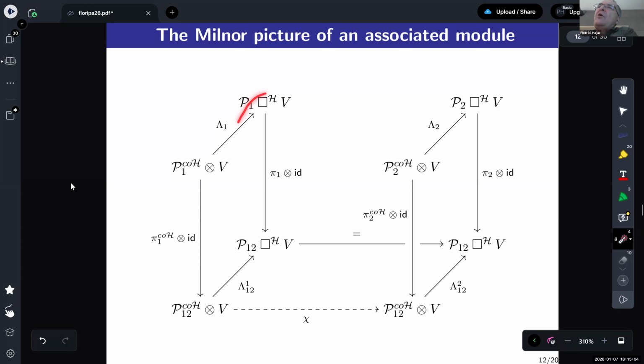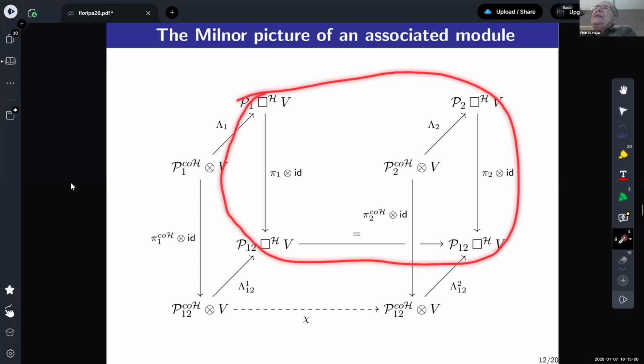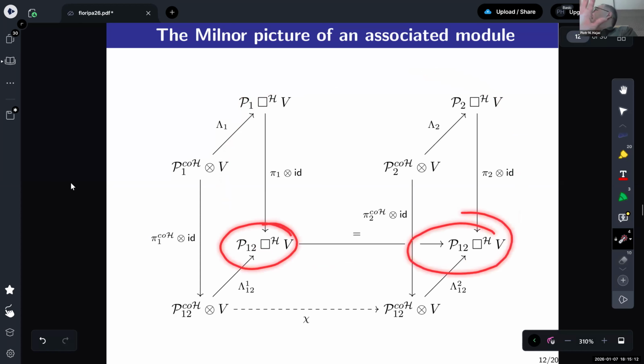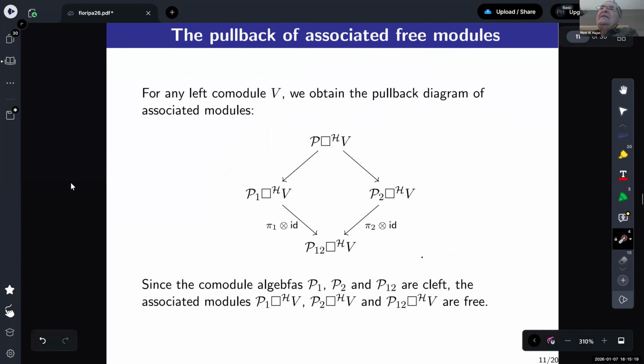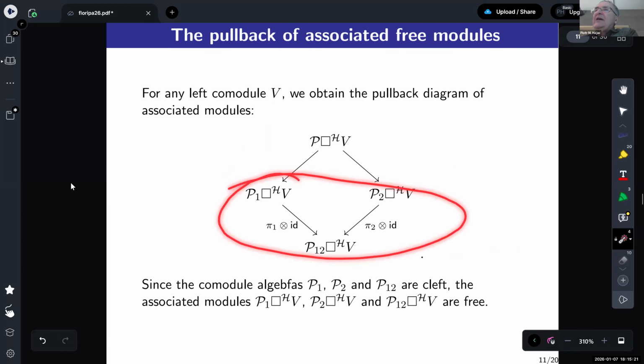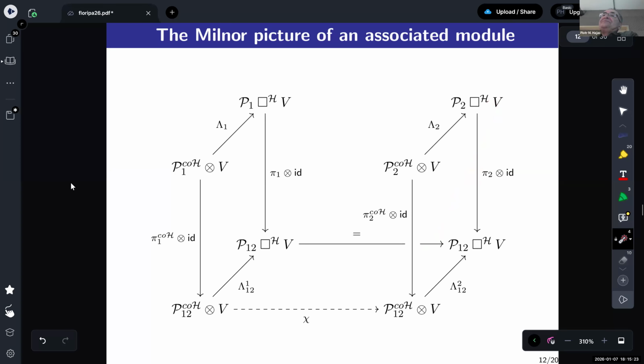If you want, the back wall of this spatial diagram is exactly what I had before. Only here I write the identity map between these two modules, so that I have a square. But basically it's equality, so it's this triangle which I had before. So this part is the back wall of this cube.